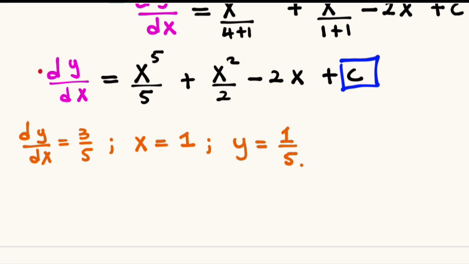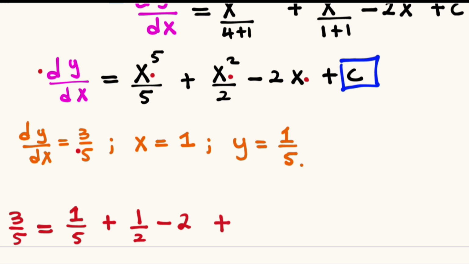So in the place of dy divided by dx, we substitute 3 over 5, and this will be equal to, in the place of x, we substitute 1. So 1 raised to the power 5 will be equal to 1 divided by 5 plus 1 squared, which is just 1, and we divide this also by 2, minus 2 multiplied by 1, which is just 2, plus our constant c.